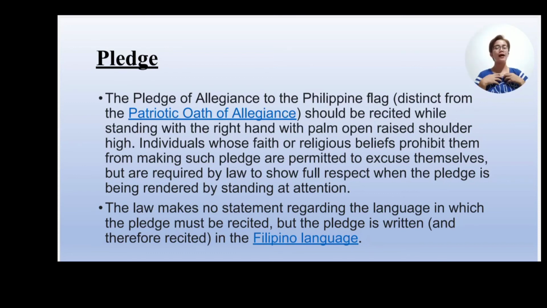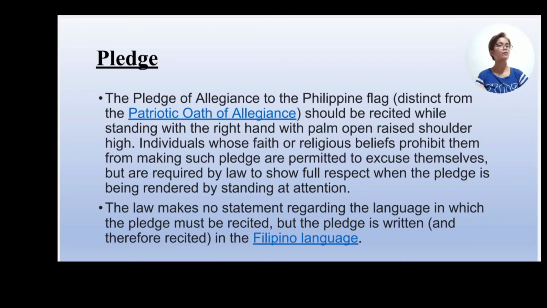So, may mga religion or mga group of people or mga communities nga dili pwede sila manumpa sa flag. Giila na siya sa ato ang balaod, giila na siya sa atong batas. But they must show respect sa atong country by what? By standing at attention.